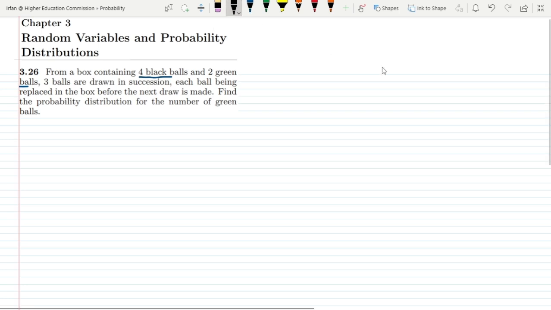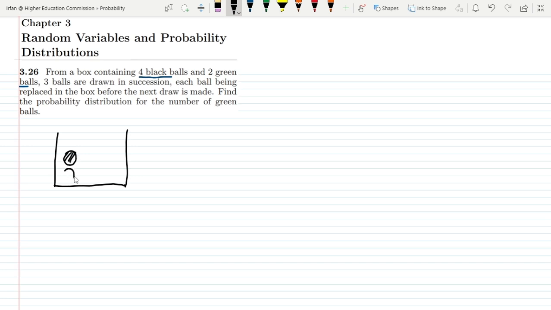Okay, so here we have, let me have here the given data, and in given data let me have here this box. Okay, and in this box we have 4 black balls, which are 1, 2, 3, and 4. 4 black balls and 2 green balls.